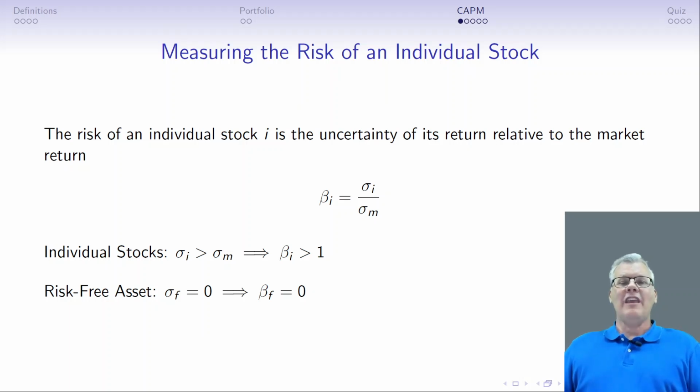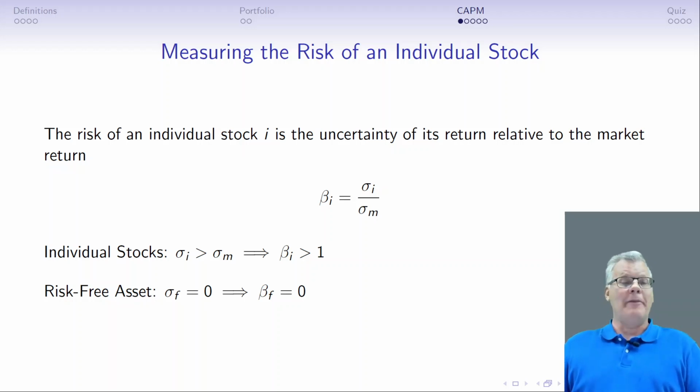Now, if we think about how it is that we measure the risk of an individual stock, let's call it stock I, it is the uncertainty of its return relative to the market rate of return. And this is typically measured in finance by beta. So beta sub I would be a measurement of the risk of security I relative to the market.